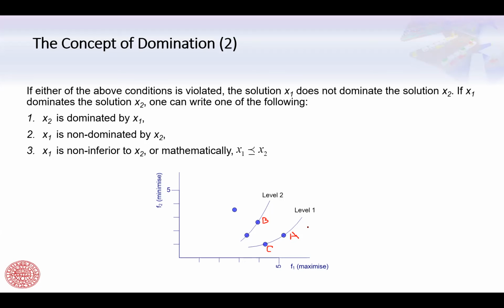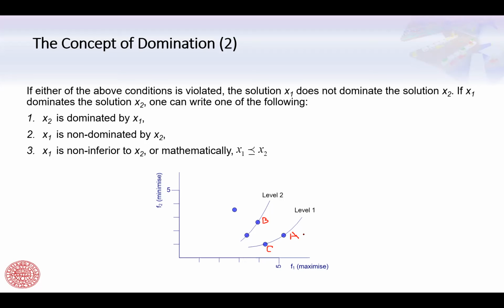So by doing these computations, you can have a population of solutions. And when you make this calculation using the formalism, you are doing the non-dominating test, sometimes called non-dominated sorting, which is a very important mechanism in multi-objective optimization algorithms to identify the solutions that are on the same level.